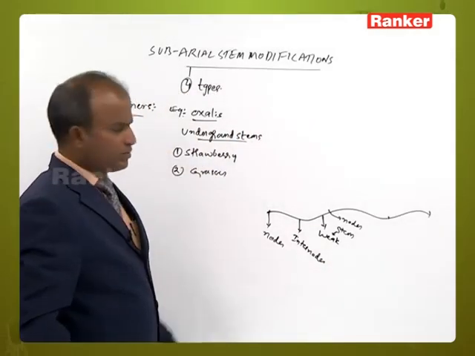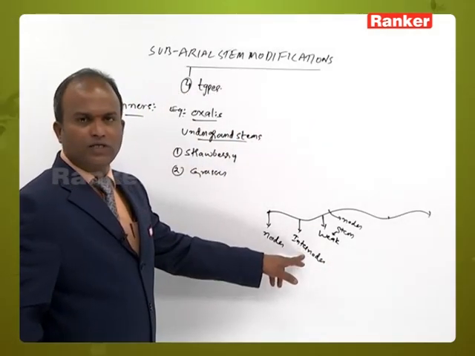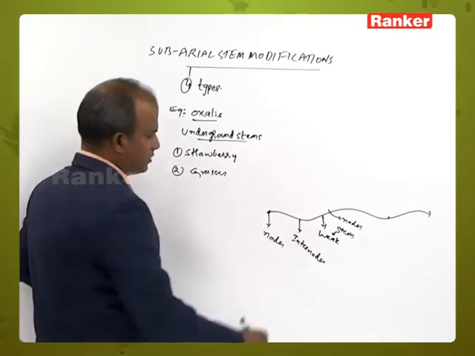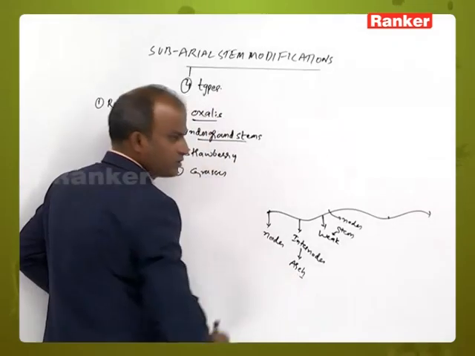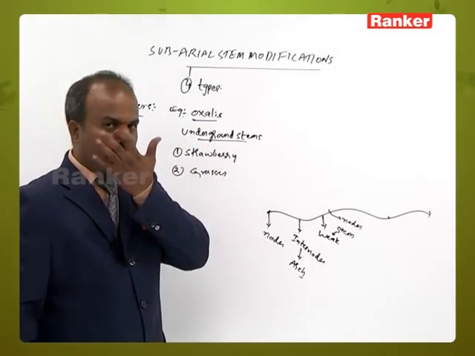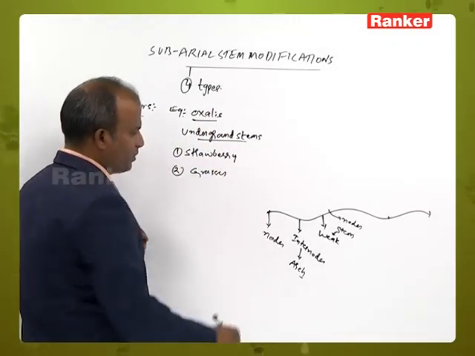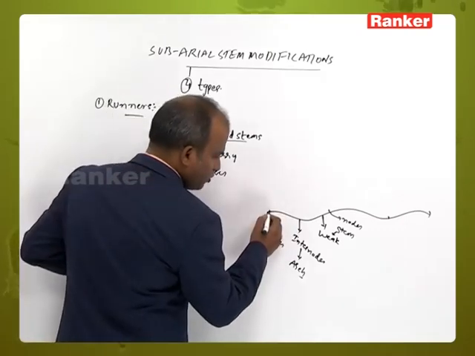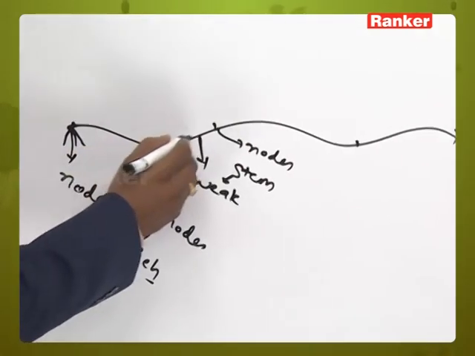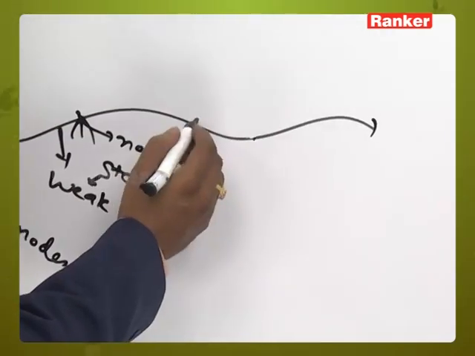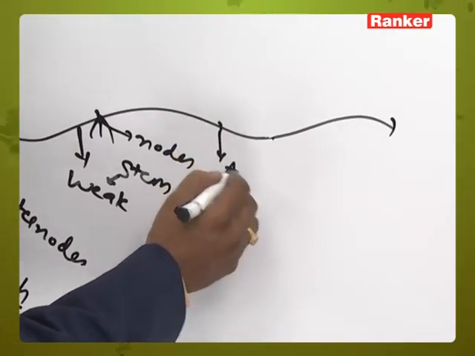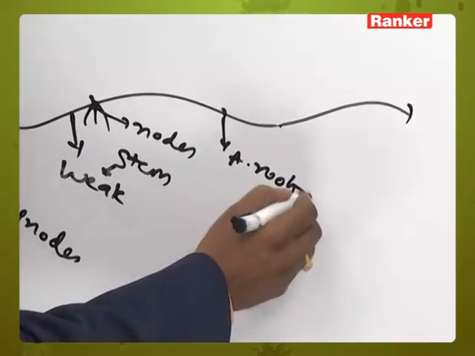Can you say whether these internodes are arch-like structures? These internodes are bending like an arch. And from the base of the nodes, which roots are developing? Adventitious roots are developing.